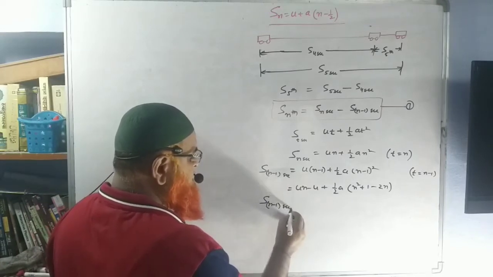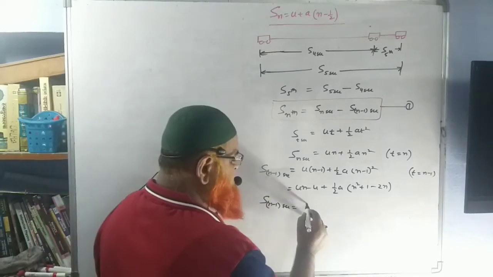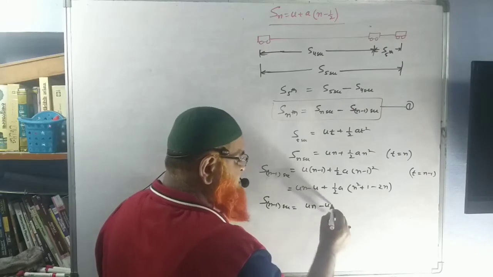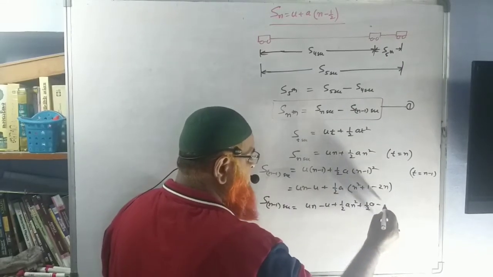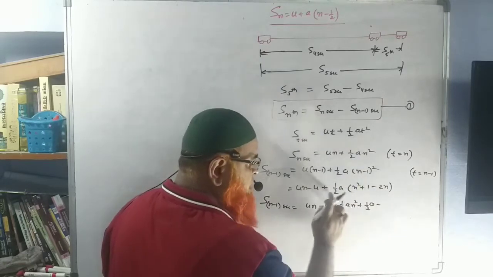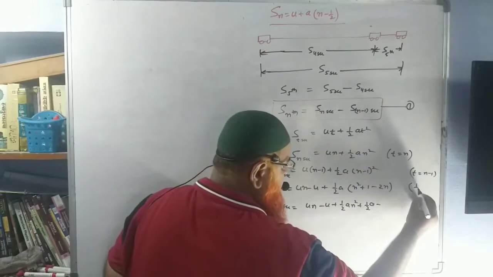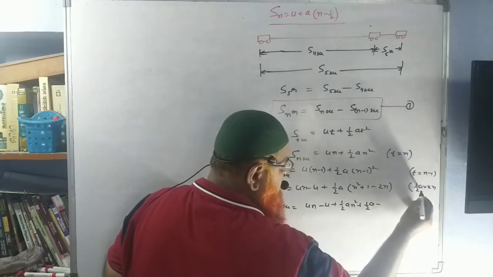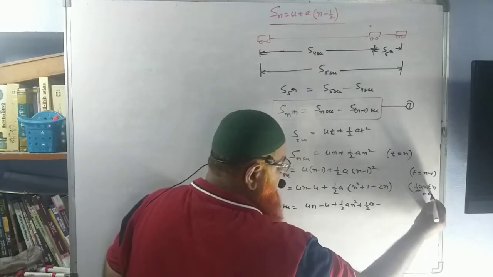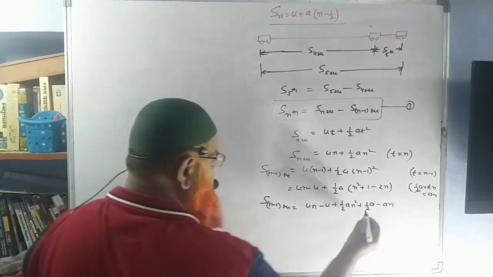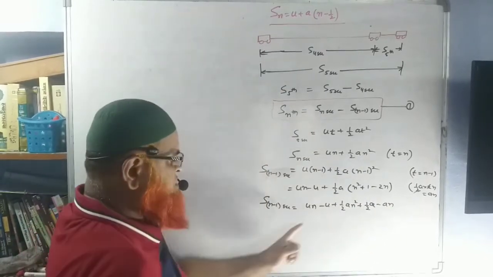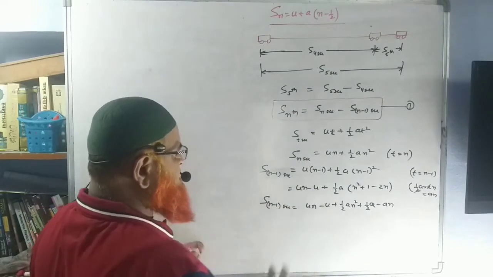Displacement traveled in n minus 1 seconds can be written as un minus u plus half an square plus half a minus half a into 2n. So half a into 2n means 2 gets cancelled. What is left here? an is left. So this is going to be an. This is the complete equation we are getting now.